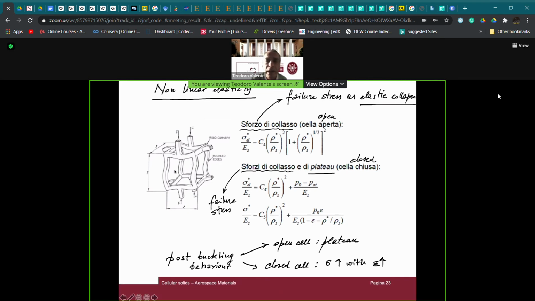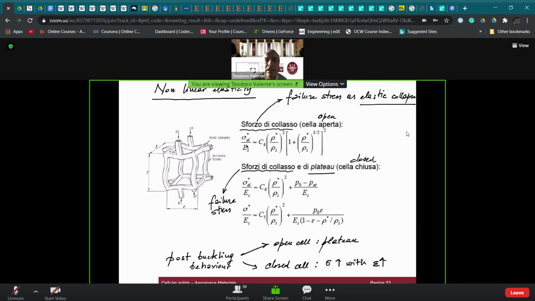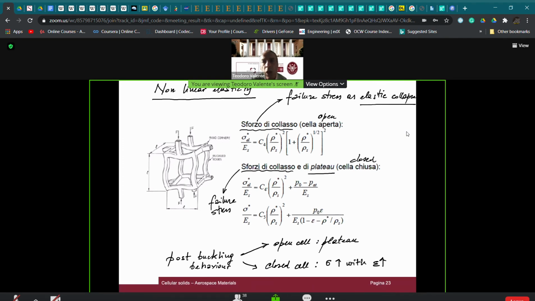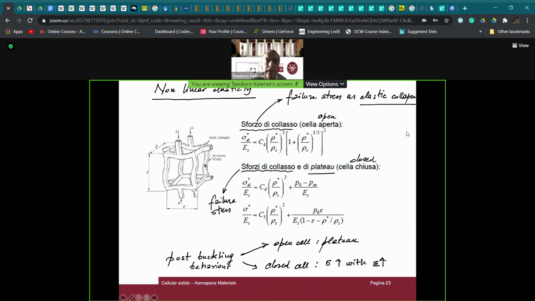Well, we can define the limit elastic stress for collapse, for buckling of these structures, and this can be calculated theoretically by remembering the Euler approach to buckling.